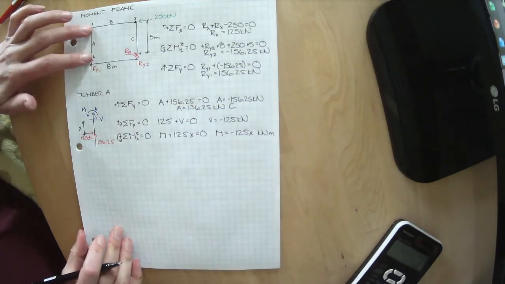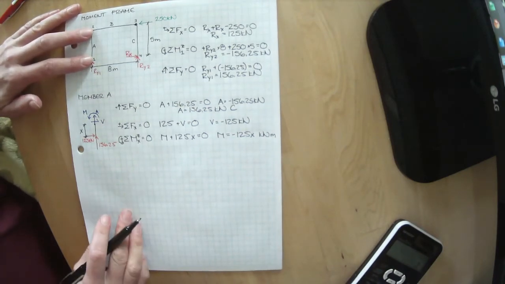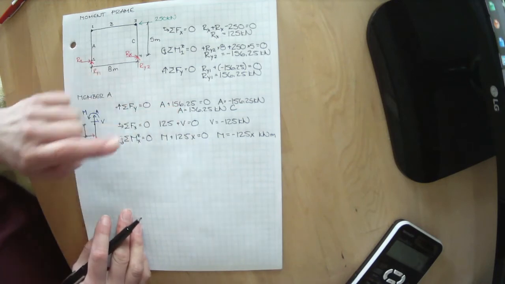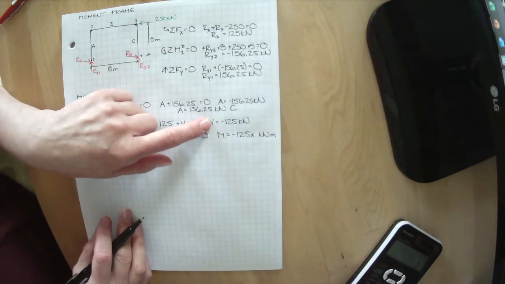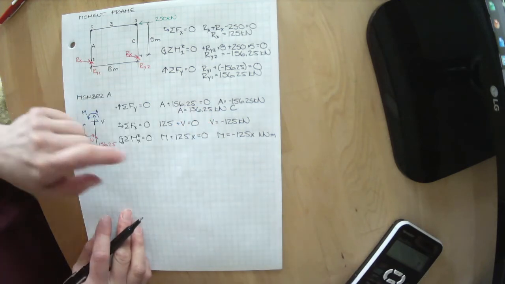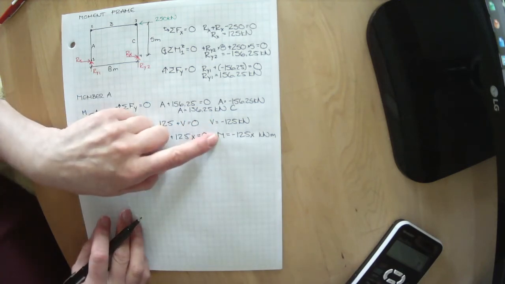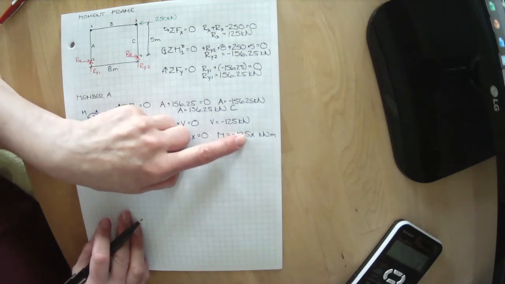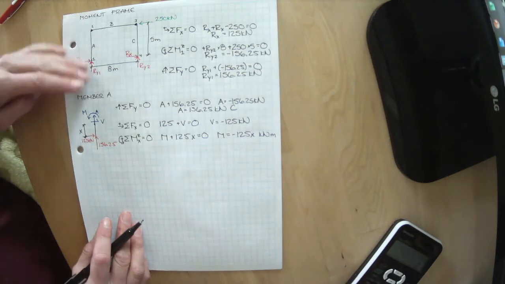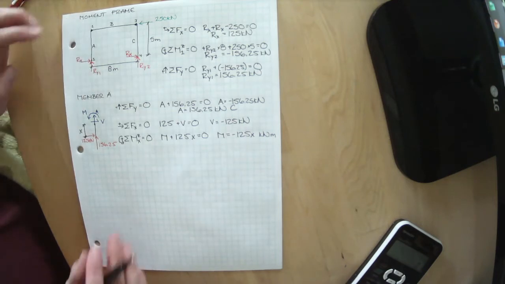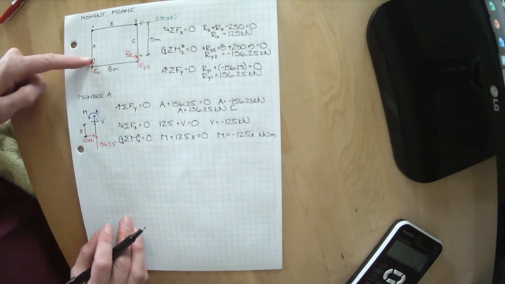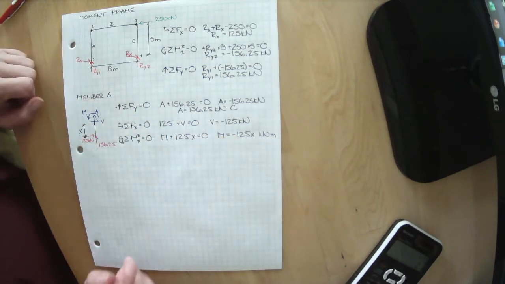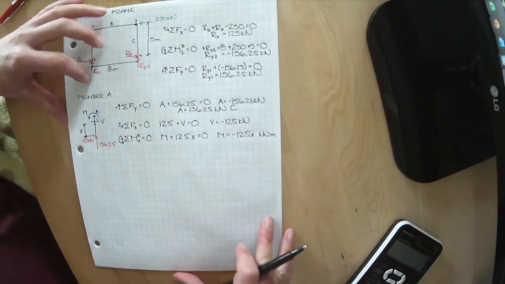So it looks like anywhere along member A, there's a compression load of 156.25 kilonewtons, a shear of 125 kilonewtons, and a moment that varies, and its varying value is minus 125 kilonewtons times wherever you've cut it away from node 1. So as this gets farther and farther away from node 1, the moment gets larger and larger and larger. Let's take a look.